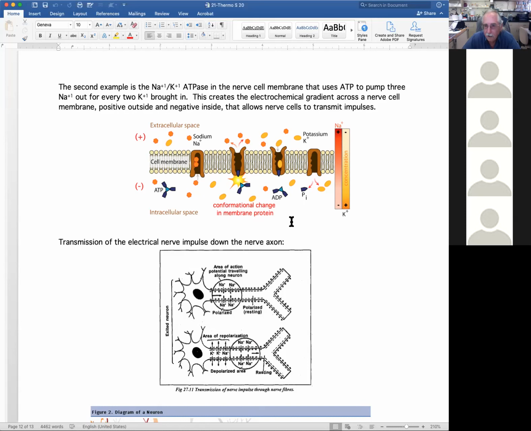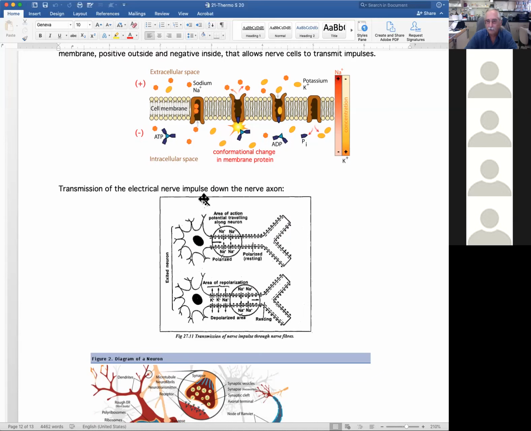So when a depolarization event occurs, for example, when a neurotransmitter binds to its receptor on the surface of this nerve cell, then it causes that channel to open up. So when you do that, sodium rushes in, potassium rushes out.